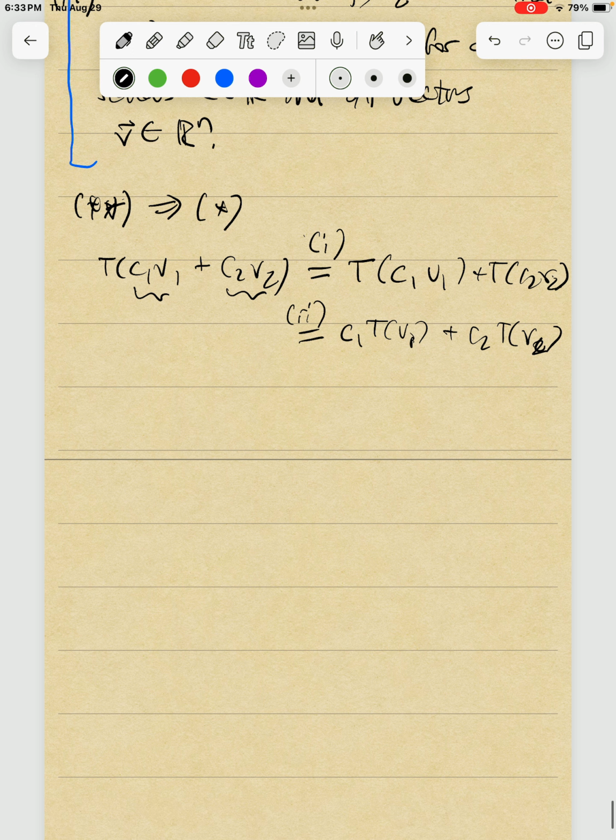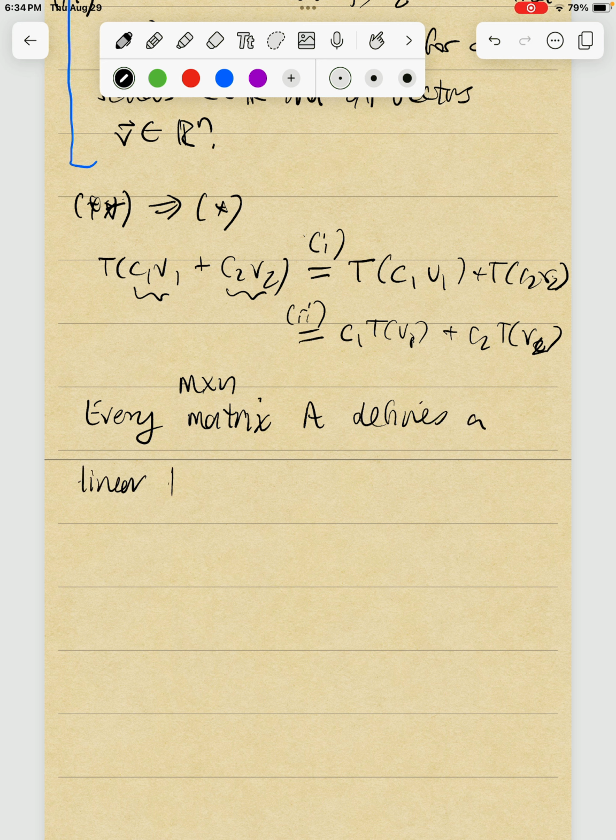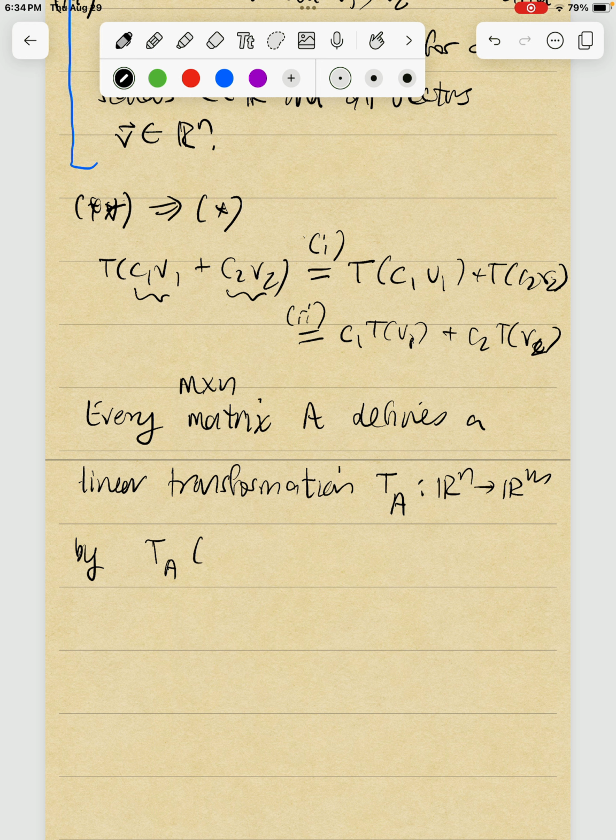So these are related to matrices. How? Because every m by n matrix A defines a linear transformation, say TA from Rn to Rm, by the definition TA of a vector v is just A times v.